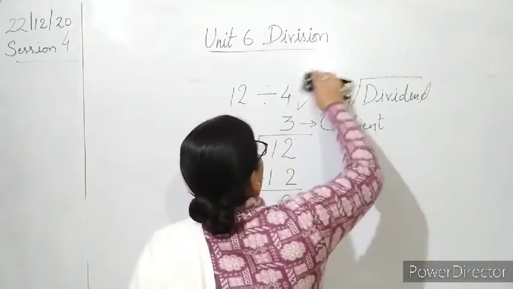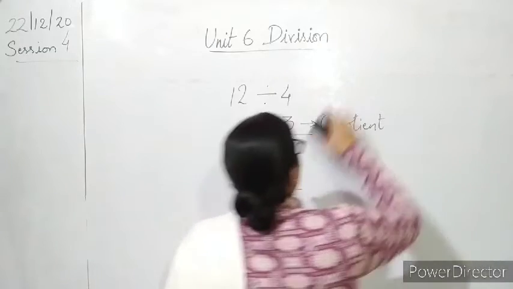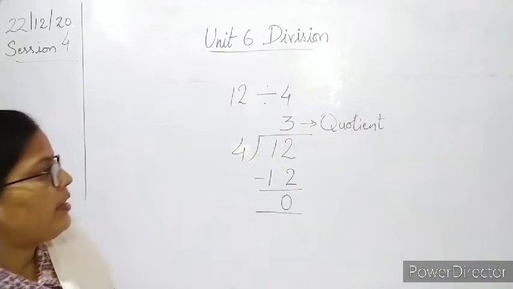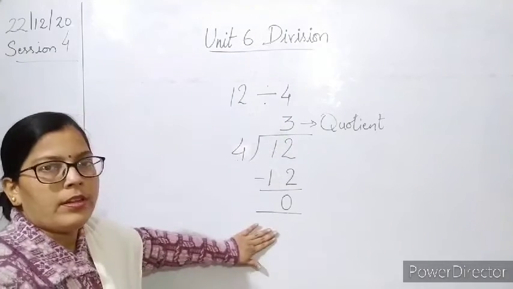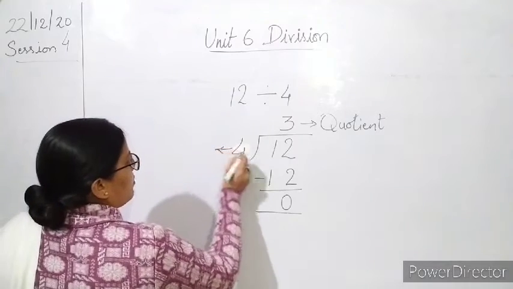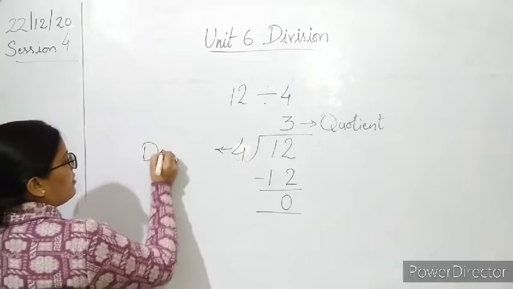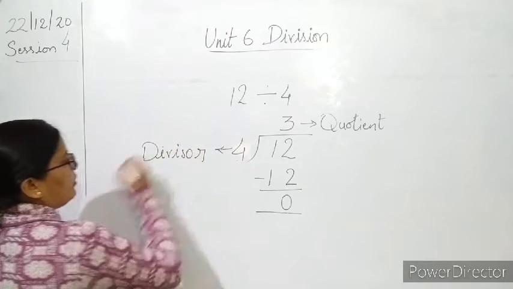So where do we write the quotient? Above this line, above this dividend. At this place we write the answer in the long division method. And outside, we write the divisor, the number by which we divide.